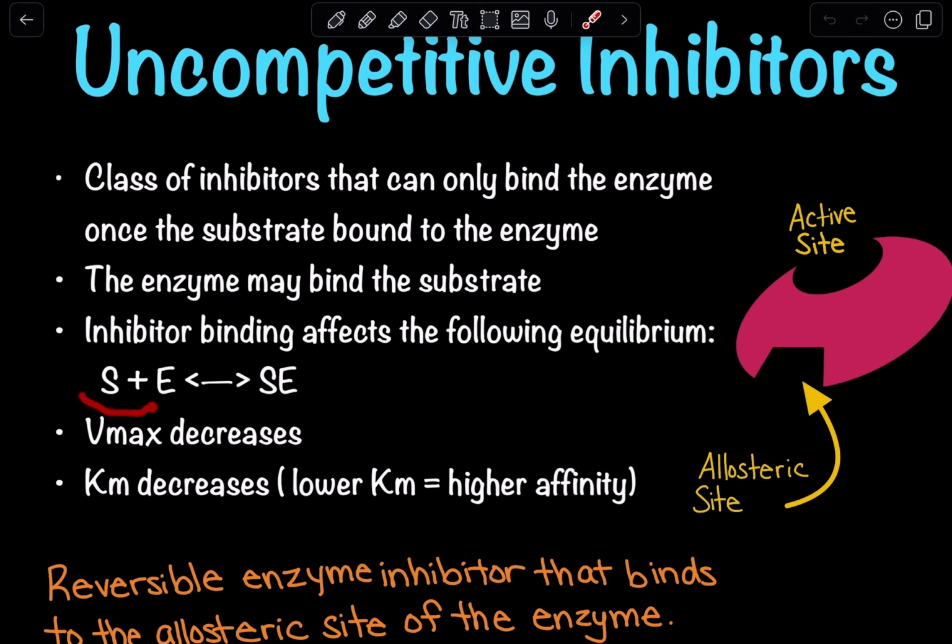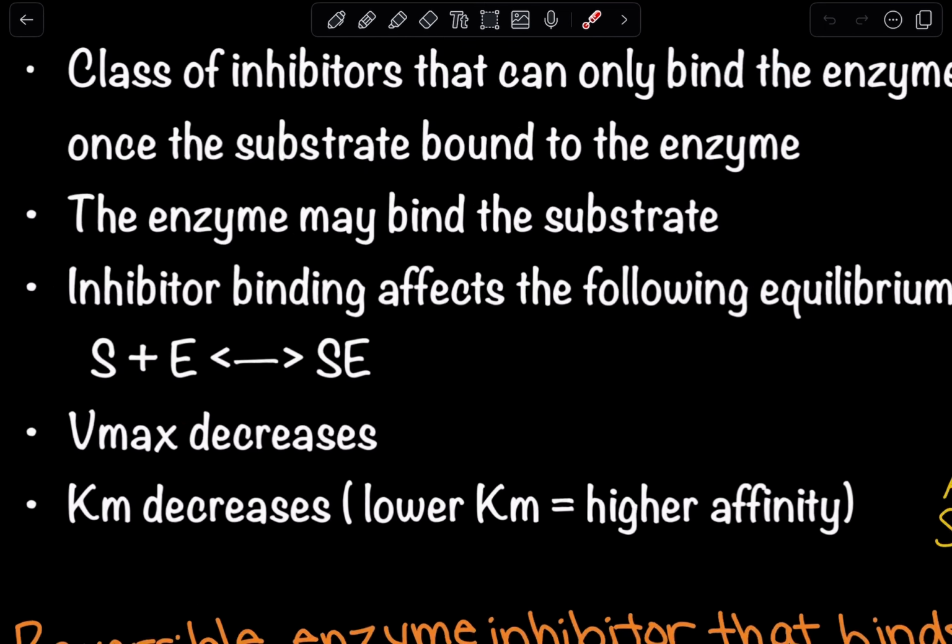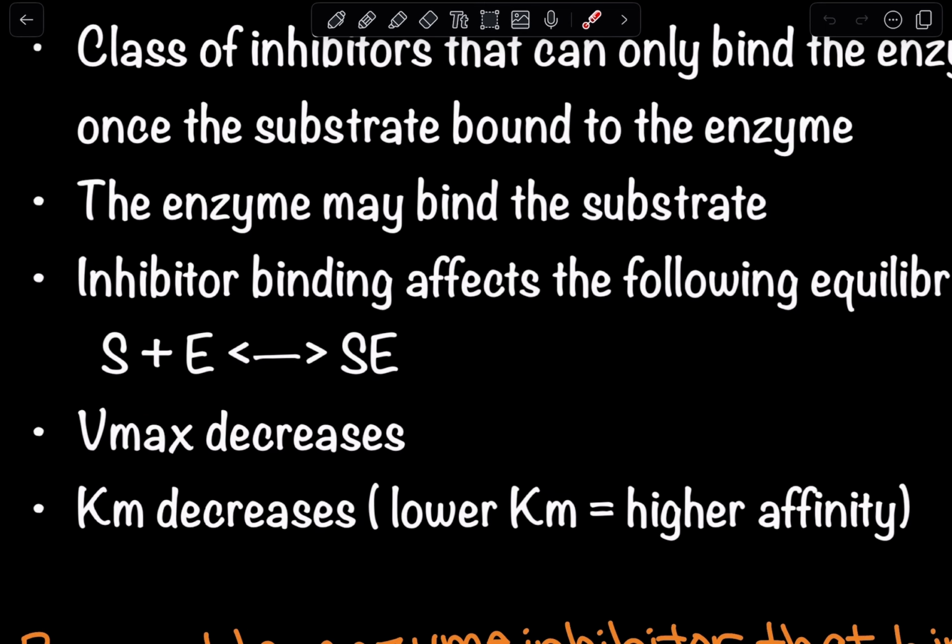process of substrate combining with enzyme to form that substrate enzyme complex is in an equilibrium. So we know that when we talk about equilibriums and we consider Le Chatelier's principle, if we reduce one thing, that equilibrium is going to shift to make up for whatever is being lost or whatever is being affected.